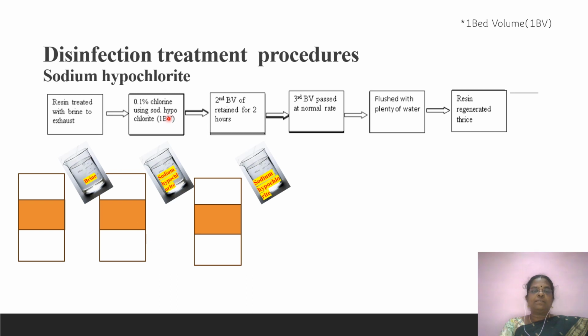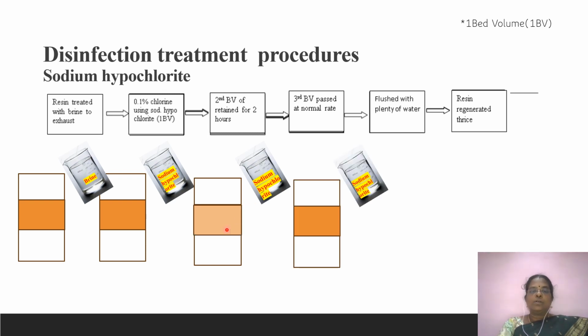Once it is cleaned, the same sodium hypochlorite is used, a second bed volume, for soaking it for 2 hours. It is retained here for 2 hours, and then it is removed. Then we use a third bed volume at the normal rate, passing it through slowly and removing it.